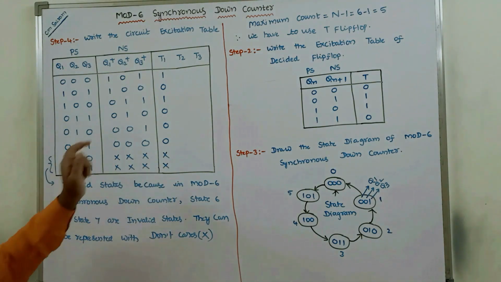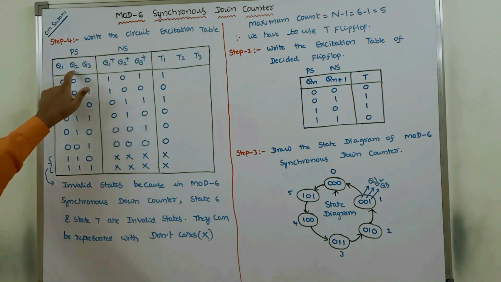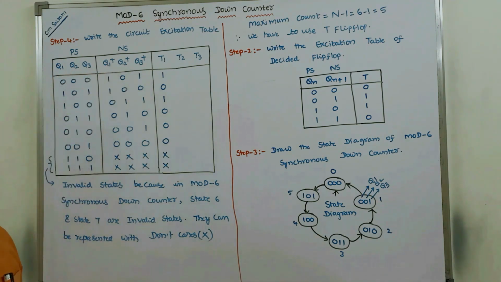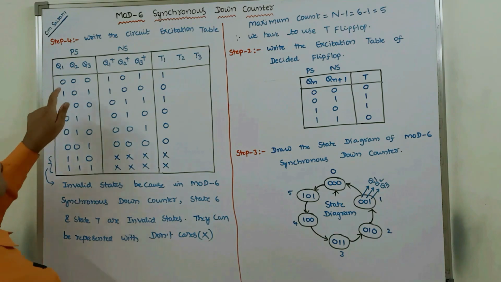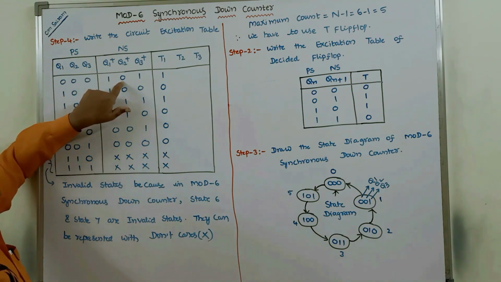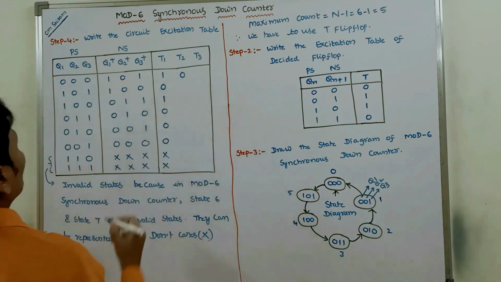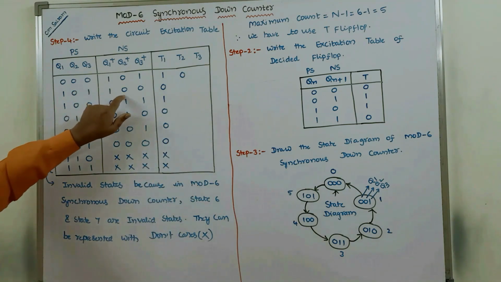Next, for filling out T2 column, we have to consider Q2 and Q2 plus as inputs. So here Q2 value 0, Q2 plus value is also 0. Both inputs are same, T2 value is 0. Here 0, here 0.